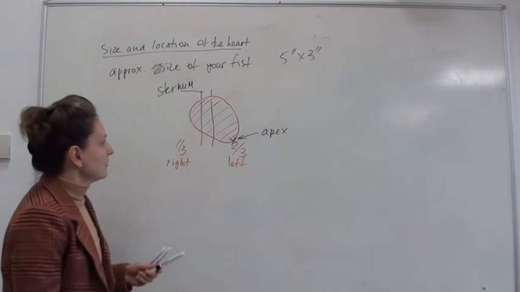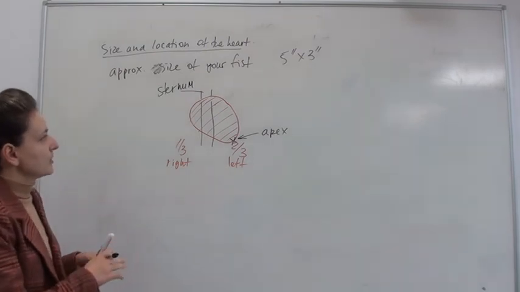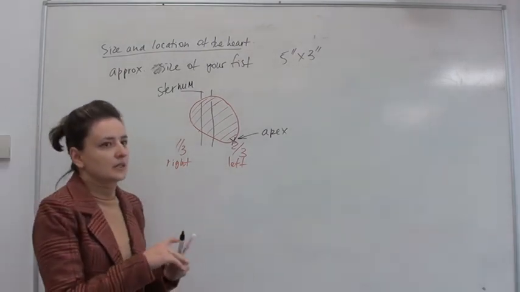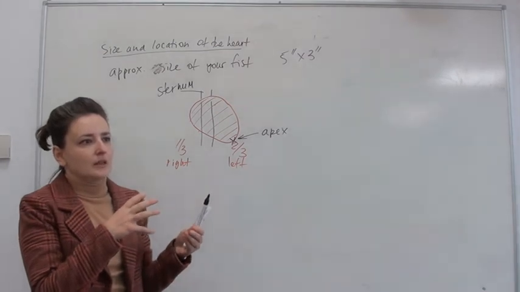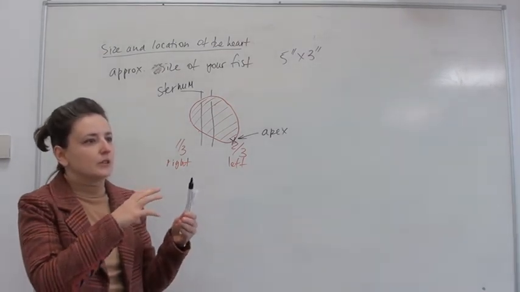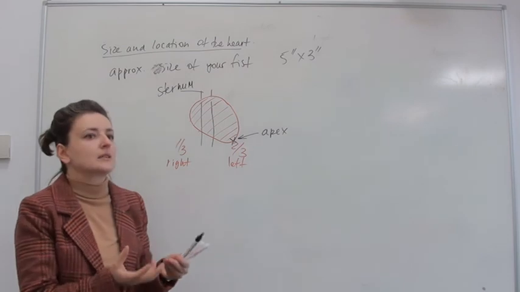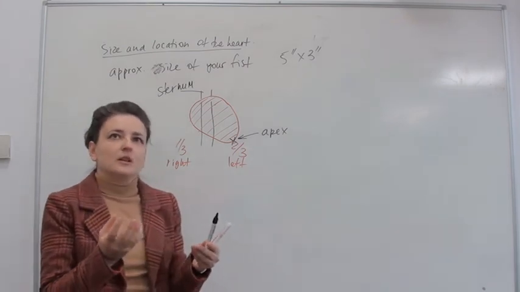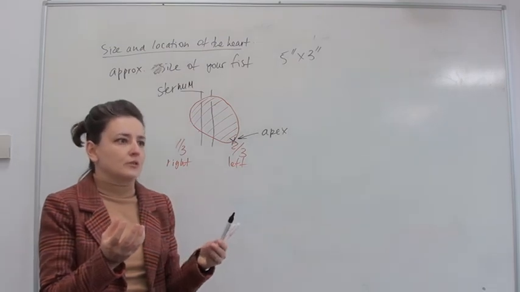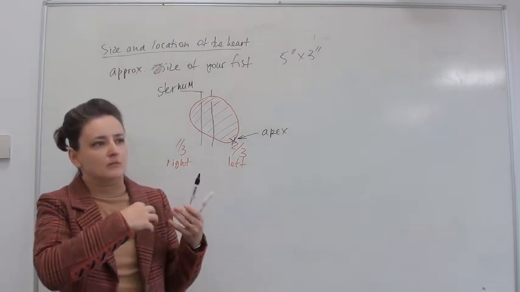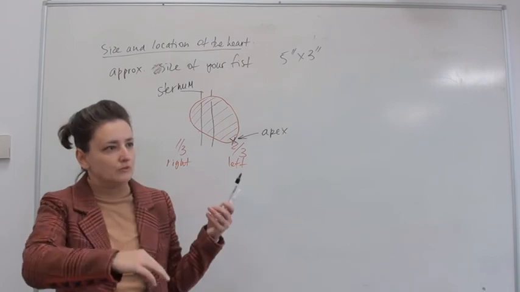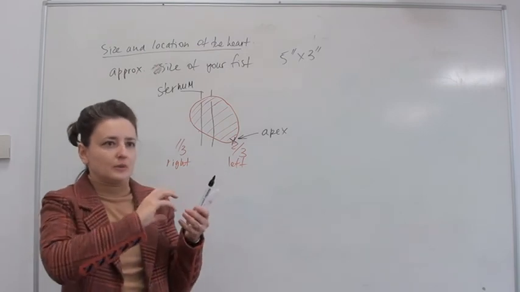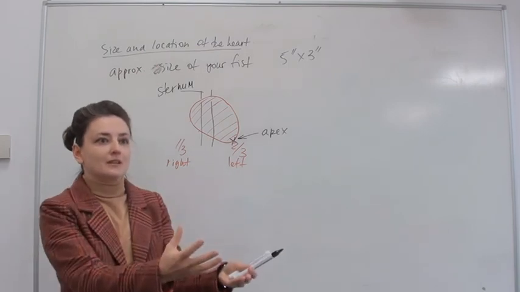The next point which I wanted to make is that the heart is not just sitting there inside your chest; it actually has some protective coverings around it. A lot of people imagine, in open heart surgery, that the surgeon opens the chest, moves the ribs out of the way, and right there is the heart.